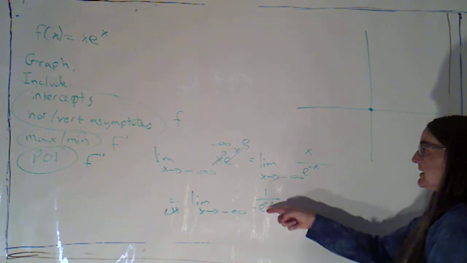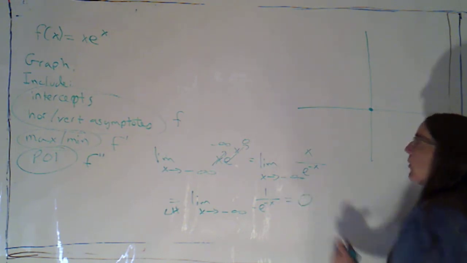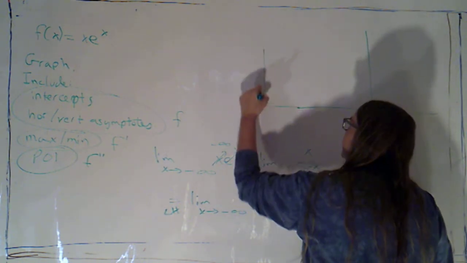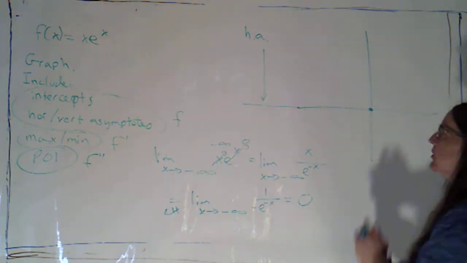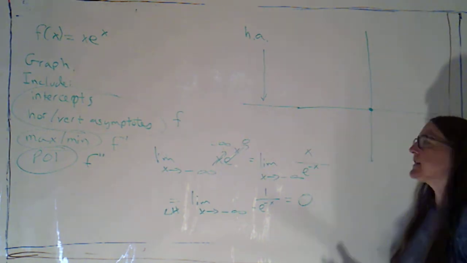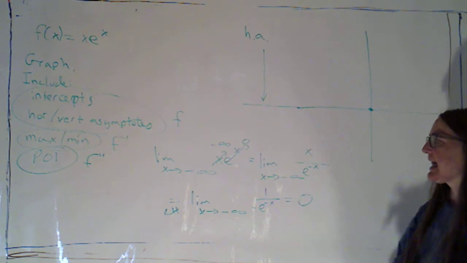Okay. Now, the denominator here is going to negative infinity, so the whole thing is going to 0. So that tells me that this is a horizontal asymptote. So it doesn't give me a point to put on the graph here, but it does tell me when it's time to play connect the dots, I need to make sure that I end up very close to that x-axis.